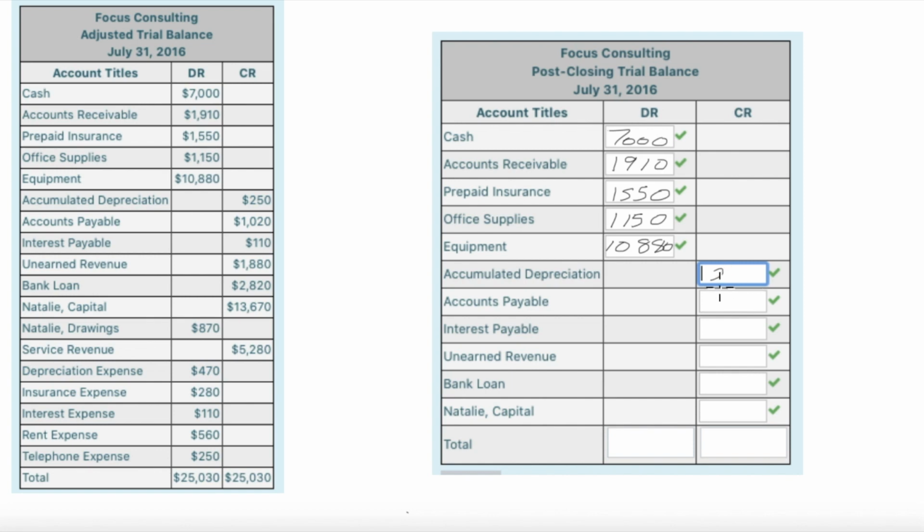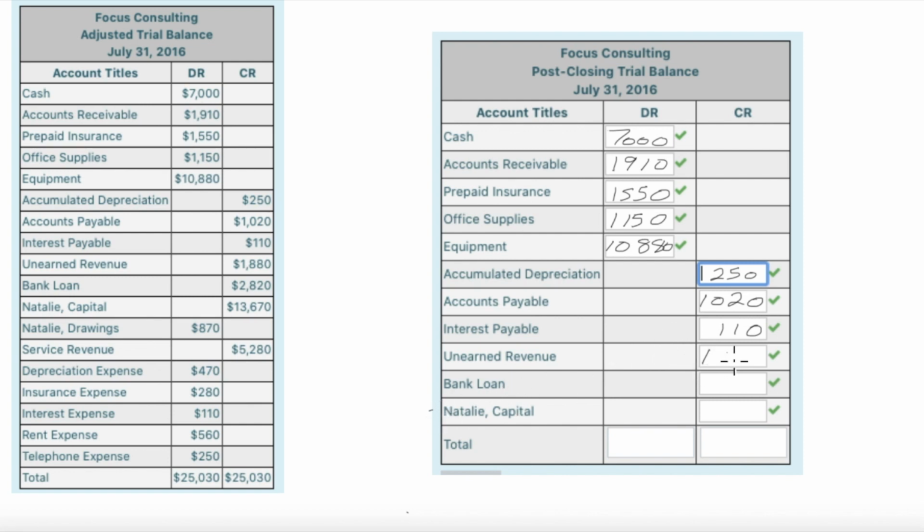No. So that continues. $250. Our accounts payable, are we still going to have to pay our loans and everything else? Absolutely. So accounts payable, 1020. Interest payable, 110. So we're just carrying them all over, with the exception of capital down here at the end.